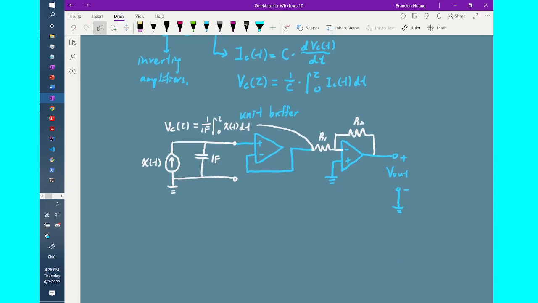The gain of this inverting op-amp, or inverting amplifier, to be more specific and accurate, would be that Vout is equal to Vin times negative R2 over R1.